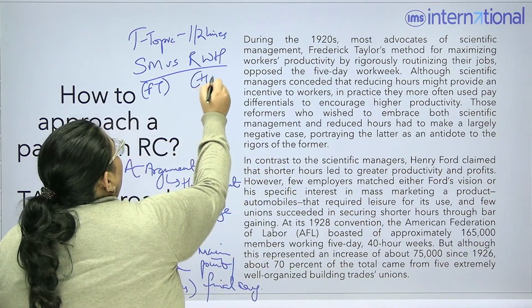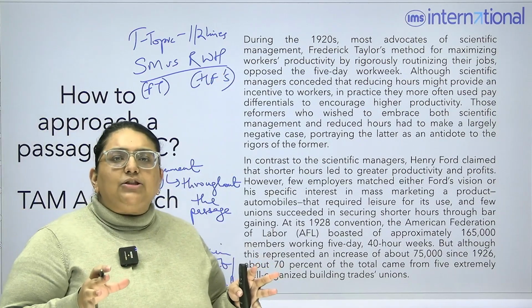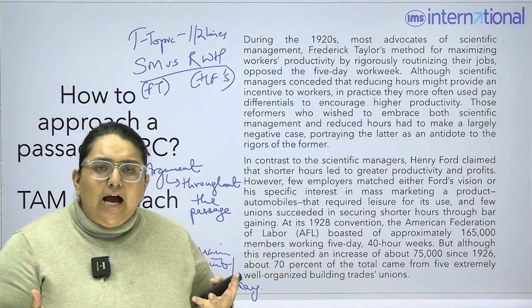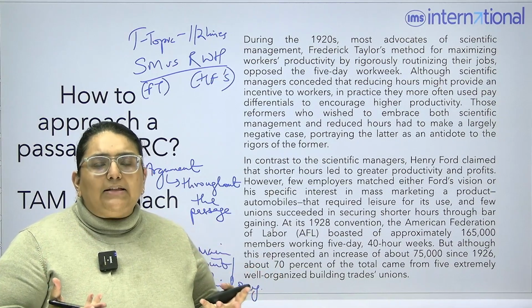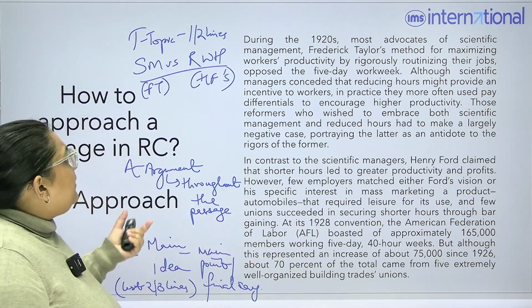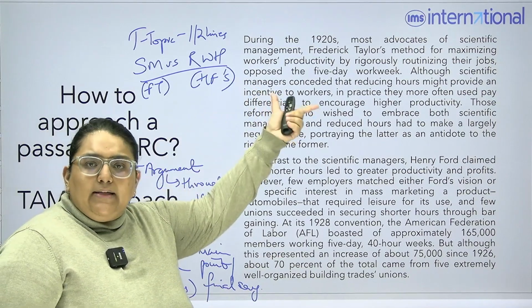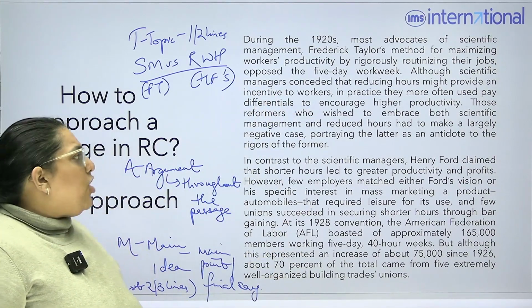So this passage is giving a comparison of these two approaches. Our topic can be something to do with shorter working hours compared to scientific management. That is what the author is talking about.